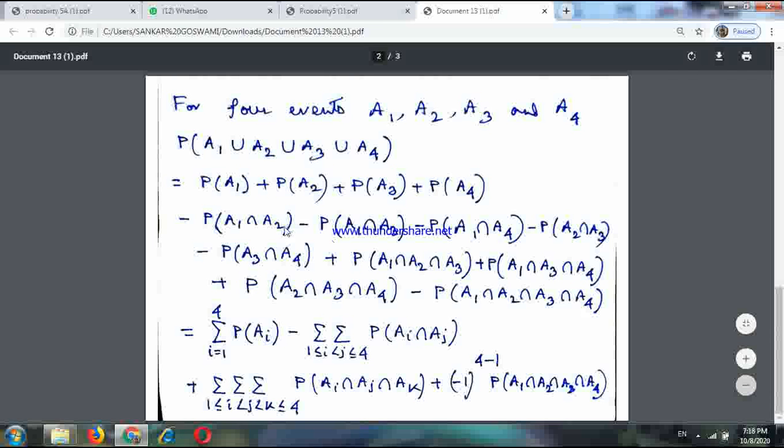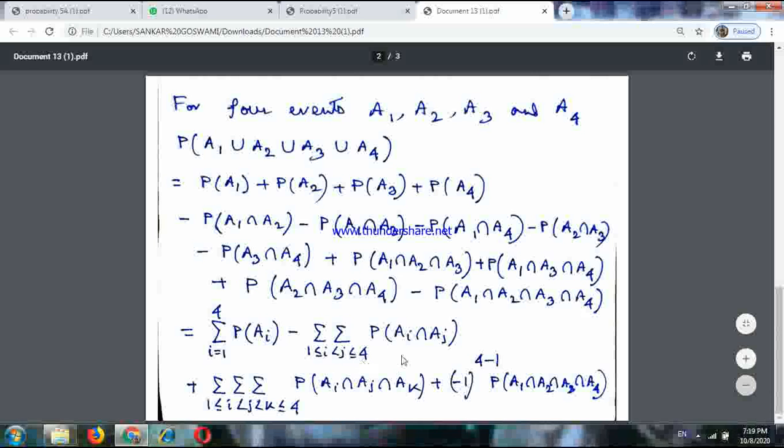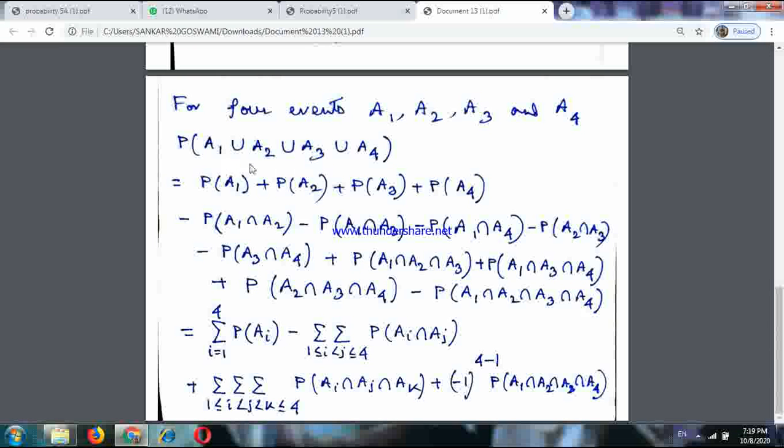That means first I write A1, A2, then A1, A3, then A1, A4, then A2, A3, A2, A4, A3, A4. Everywhere you see i less than j, with i greater than or equal to 1 and j less than or equal to 4. Similarly, I use the triple summation, and here I write plus (minus 1) raised to the power 4 minus 1. Similarly, I can write the theorem and express P(A1 union A2 union A3 union A4 union A5) in this way.